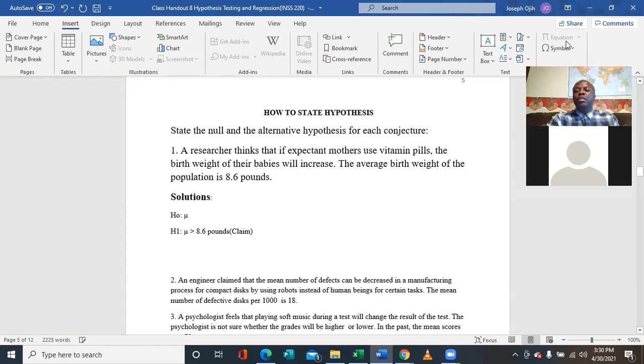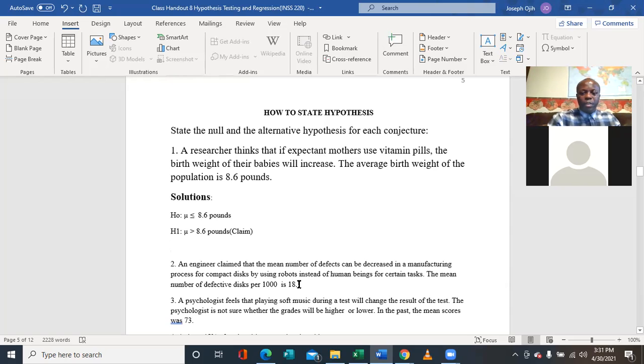So mean is less than or equal to 8.6 pounds. And that is how to state hypothesis. So you have 2 hypotheses for this one. Questions? No questions. Okay, good.